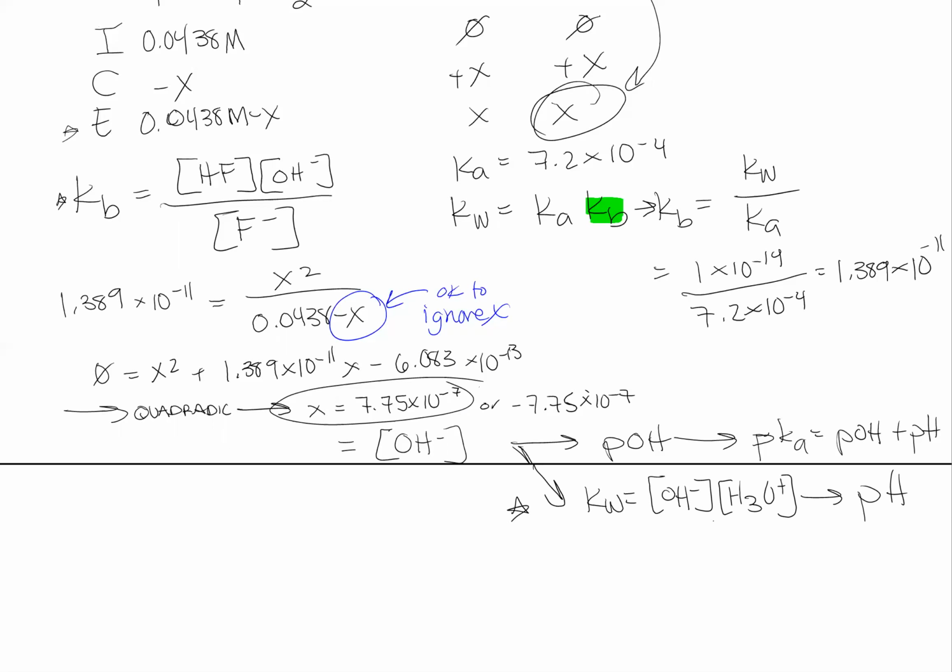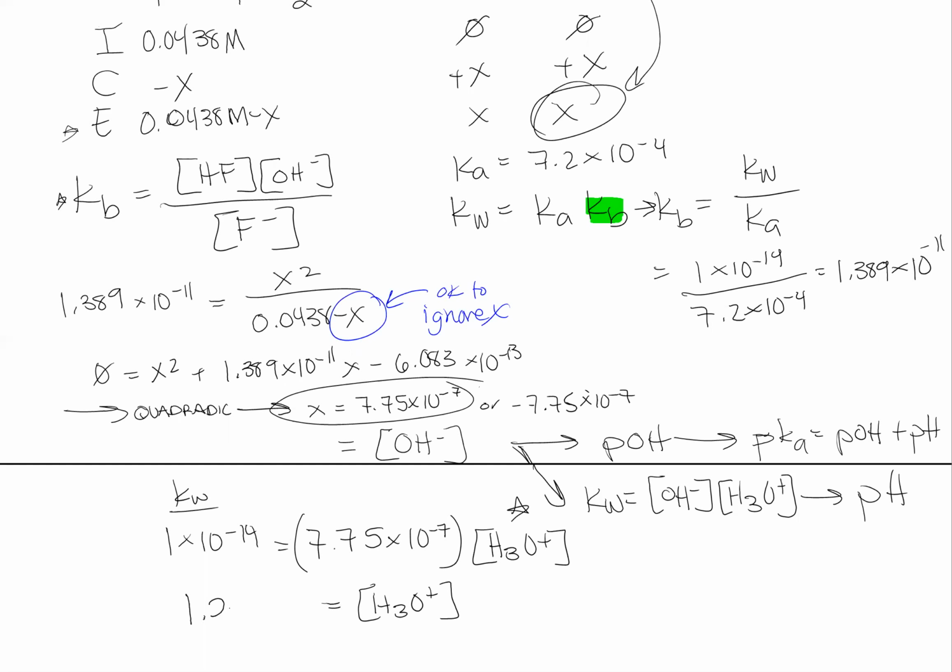So I'm going to set this up. 1 times 10 to the negative 14th, which is my Kw value, is equal to the hydroxide ion concentration I just calculated, 7.75 times 10 to the negative 7, times my H3O plus concentration. From here, I'll divide both sides by 7.75 times 10 to the negative 7 and get my H3O plus concentration of 1.29 times 10 to the negative 8.